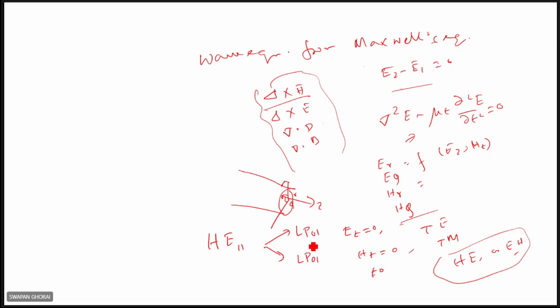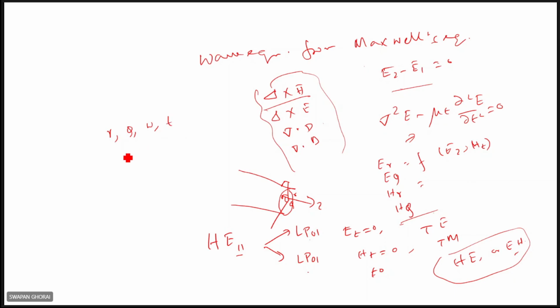These are the fundamental modes, the linearly polarized modes. Why are two suffixes there? When you solve these equations, there will be four parameters: r, phi, omega, t.